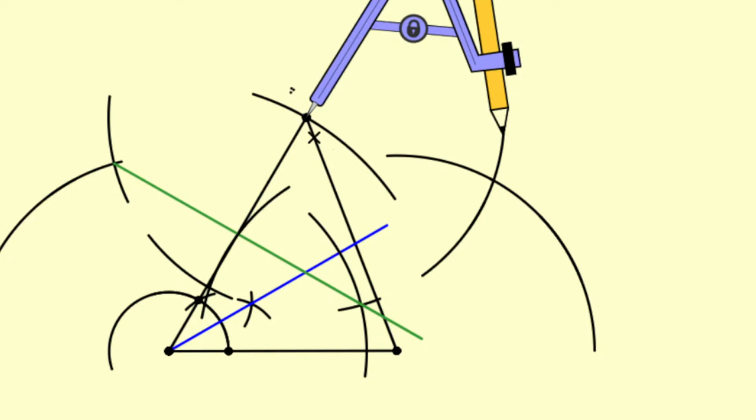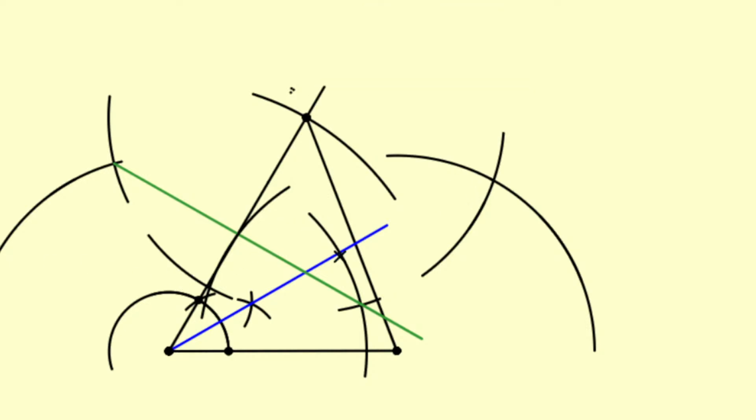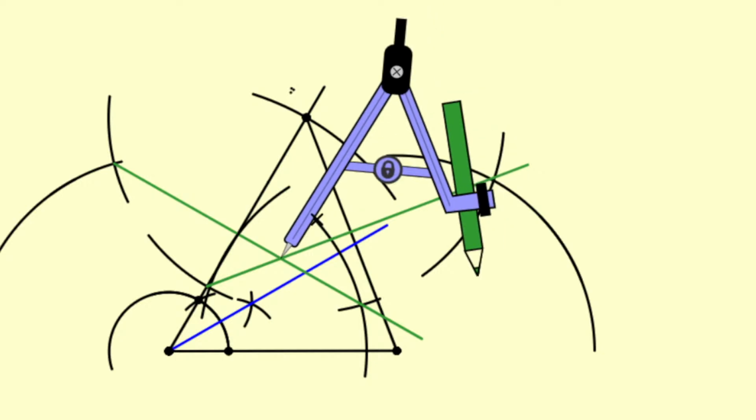I am saying the perpendicular bisectors of AB and AC I have drawn. AC's I'll draw with green color only so that I can make out. So I have drawn the perpendicular bisectors of AB and AC. They are intersecting at one point. At this point I'll keep my compass.